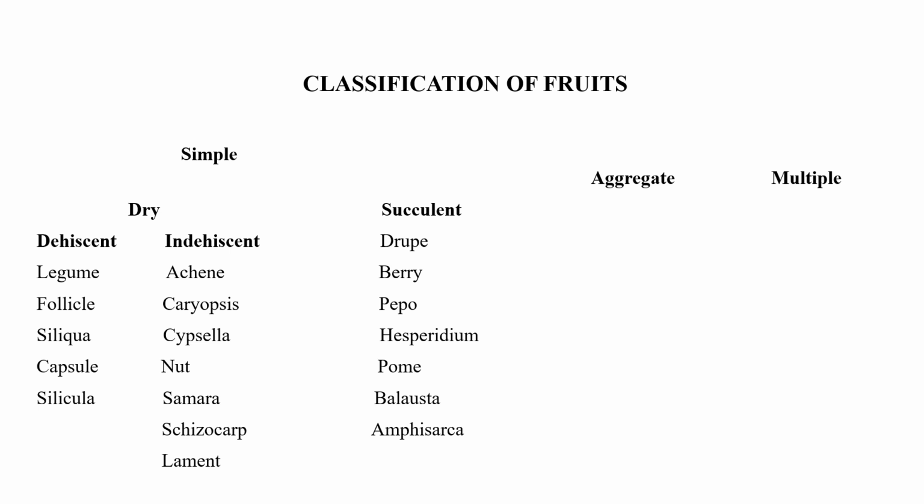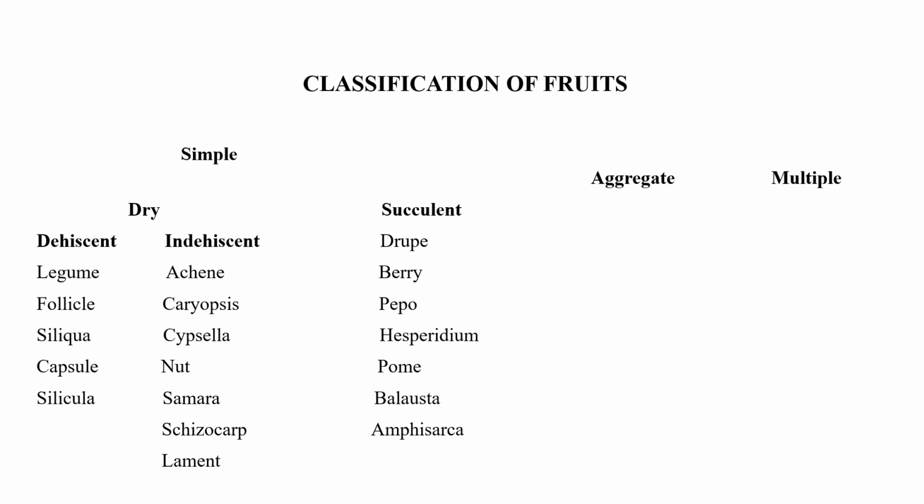Then we have indehiscent. Under dry indehiscent fruits, we have the achene, caryopsis, cypsela, nuts, samara, schizocarp, and lomentum. Those are the different categories of dry indehiscent fruits.